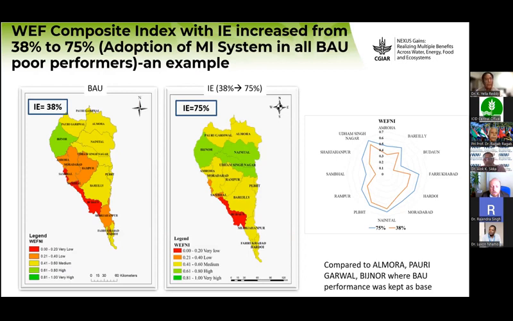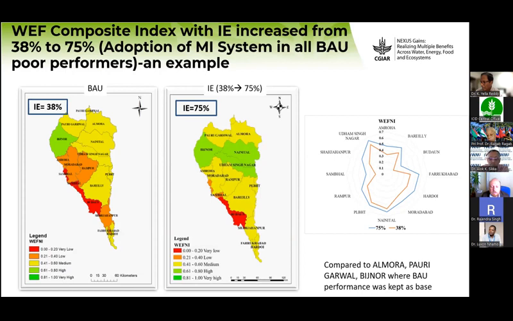And on the right-hand side picture, with the efficiency taken at 75%, what we are doing is running various scenarios of water management interventions through improved efficiency. That is how we are trying to mimic or simulate that into the entire gamut of things.